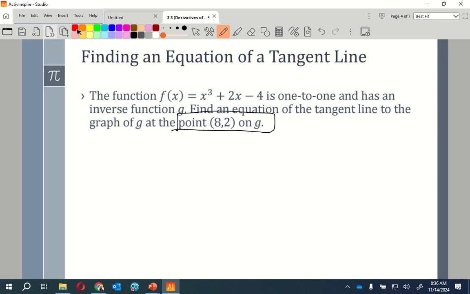That means that for my f function, this is actually (2, 8). But since it's on the g function, I'm going to try and find g prime of 8, which is going to be 1 over f prime of 2.